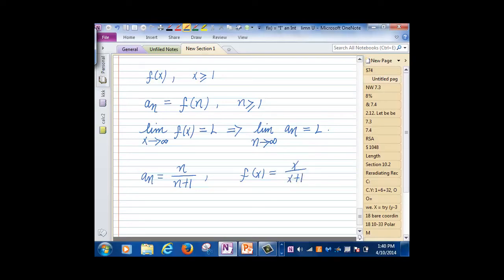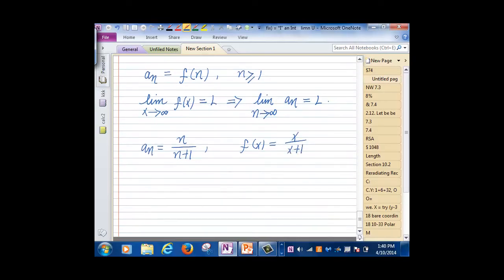So if I want to know the limit of a_n, I can first find the limit of f of x and say that the limit of a_n is the same. So the limit of n over n plus 1 is the same as the limit of x over x plus 1.